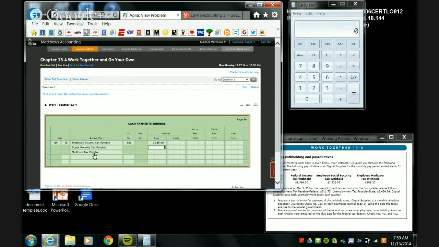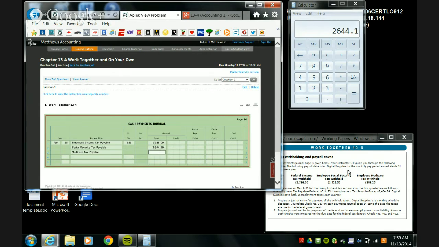Our next one here is the Social Security tax payable, which is this number, which we've withheld from our employees' paychecks. We have to double that, though, because we as the employer also have to pay that same amount into Social Security. So we're going to take this $1,322.05, multiply it by 2, and so we put in this $2,644.10.